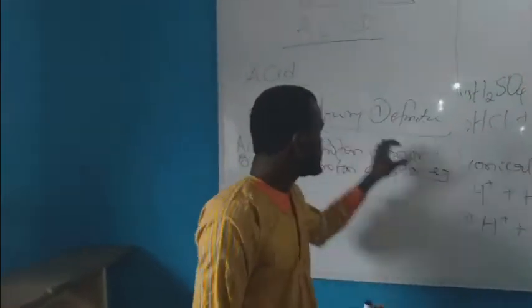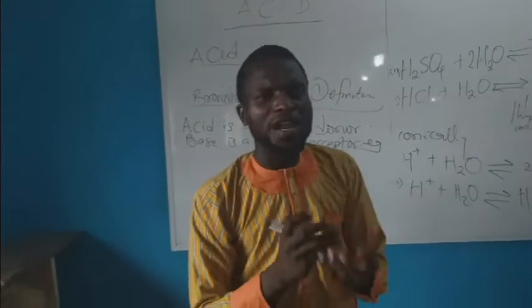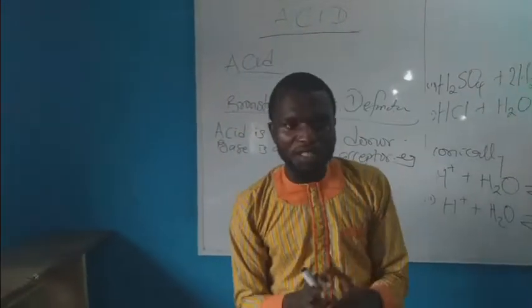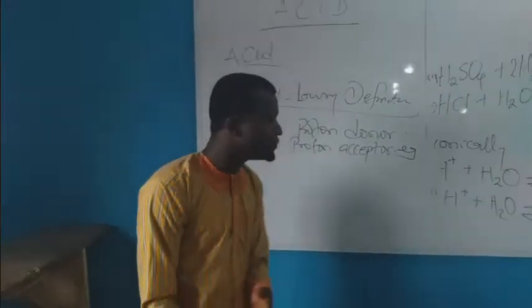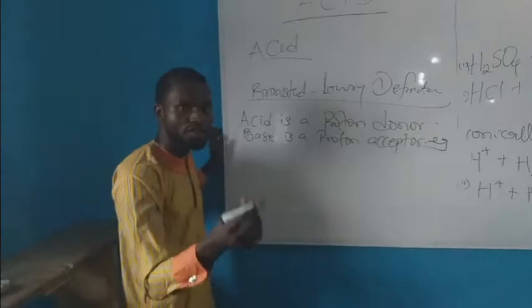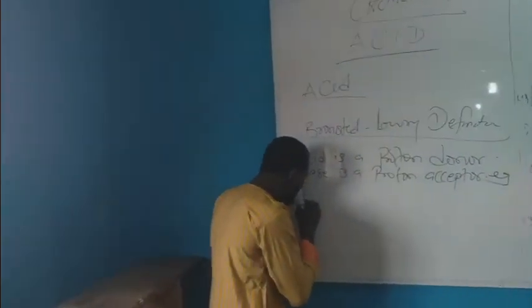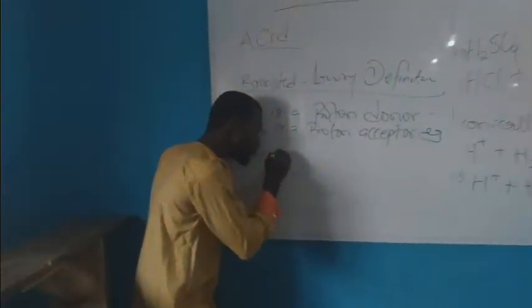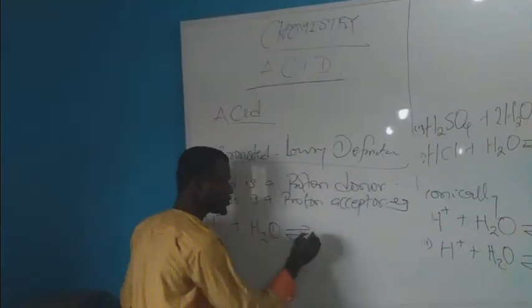But the Bronsted-Lowry definition encompasses reactions that occur both in aqueous matrix and non-aqueous medium, as exemplified in the reactions on the board. Now, this is hydrogen ion plus water, giving you what?